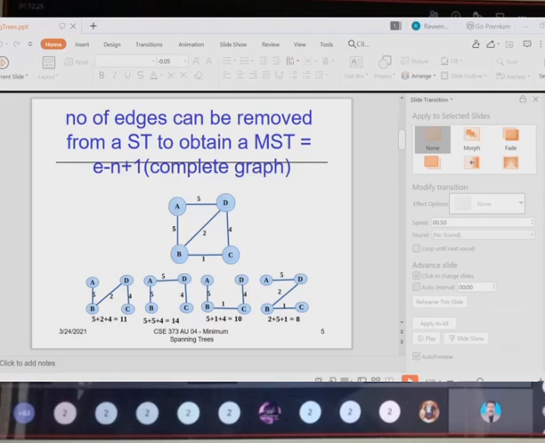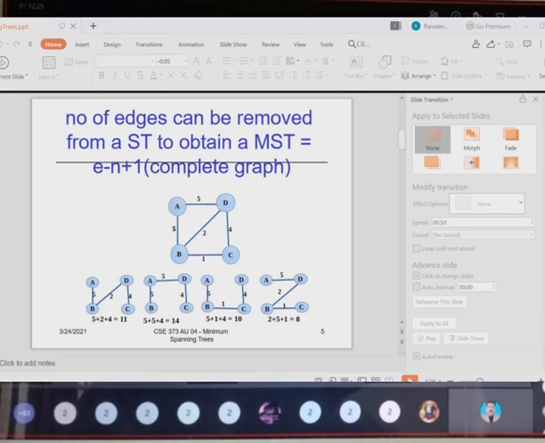Then removing an edge from the cycle gives back a spanning tree. As we said, a cycle cannot be a tree. So from that cycle, if any one of the edges is removed, then it will give the spanning tree. Then if the new edge has a lower cost than the old edge, we have progressed.